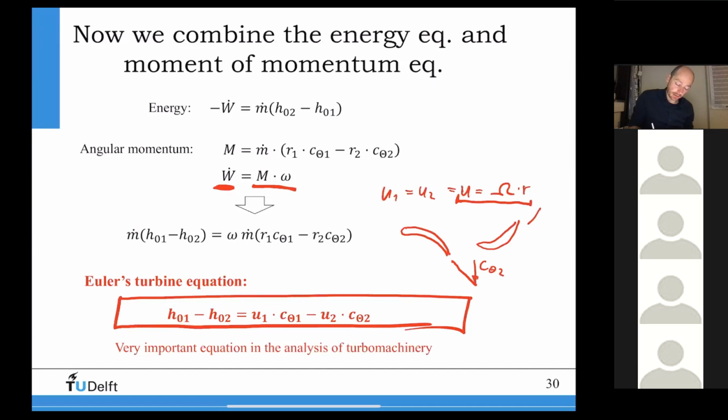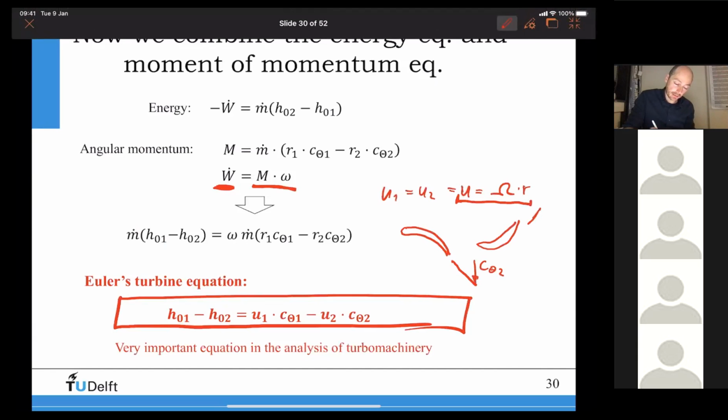Then I know my C theta 3, which is most of the time 0, because I said I will have purely axial outflow velocity.